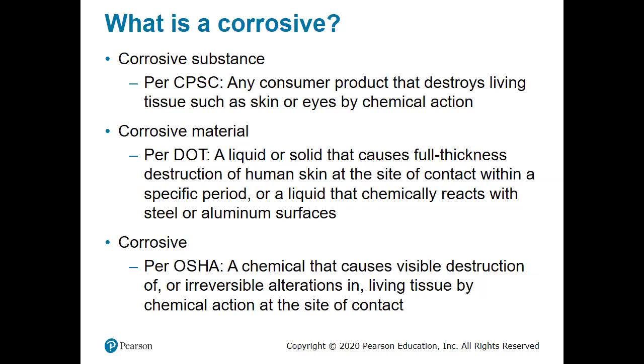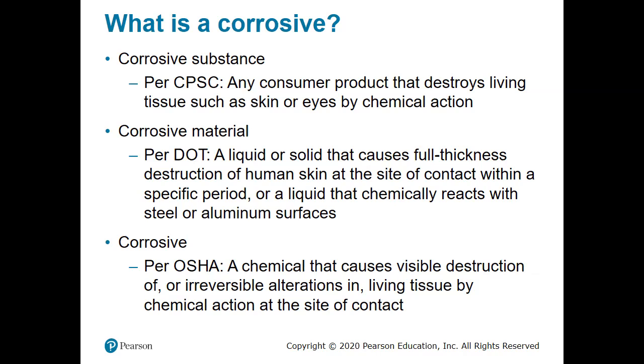There's a lot of definition work here on this slide. And the reason for that is because, as we've seen in a number of different scenarios this semester, different agencies have different rules and different definitions about what counts as corrosive and what counts as not corrosive.